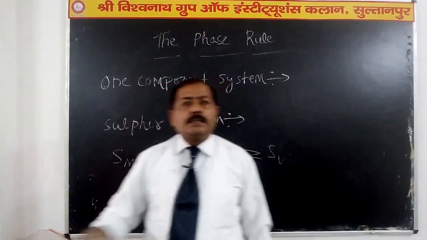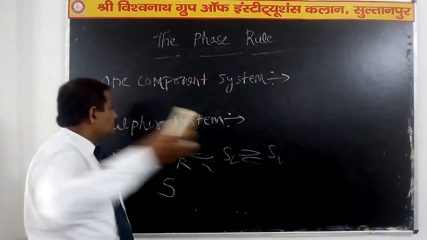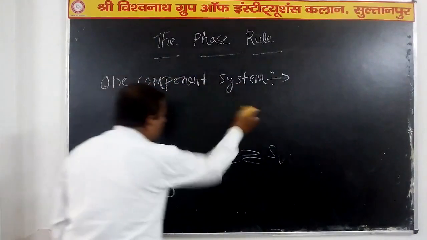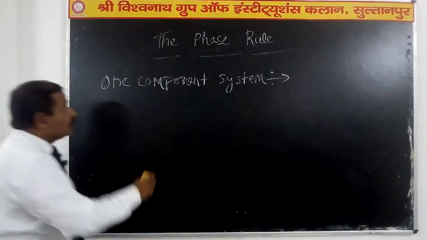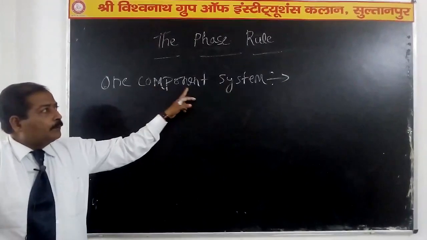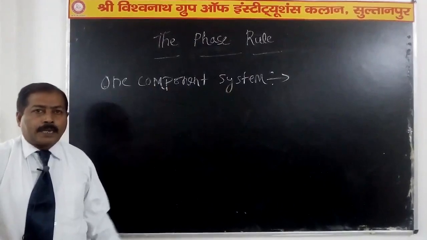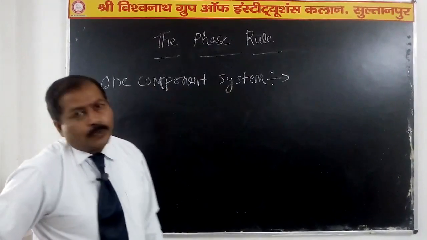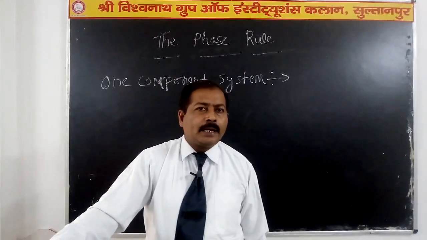Now let us discuss the important features of the one component system. The important features can be described with the help of the phase diagram. And normally for one component system, the phase diagram is plotted between the temperature and the pressure.